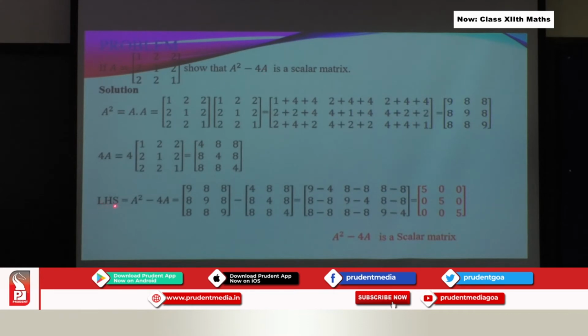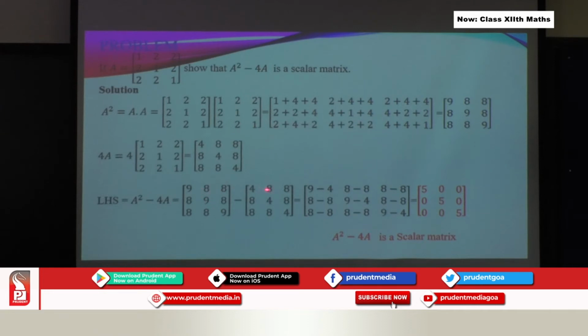You can see this is my LHS, that is A square minus 4A. I am substituting A square here and 4A from here. It's a negative sign, so I need to find the difference of two matrices.